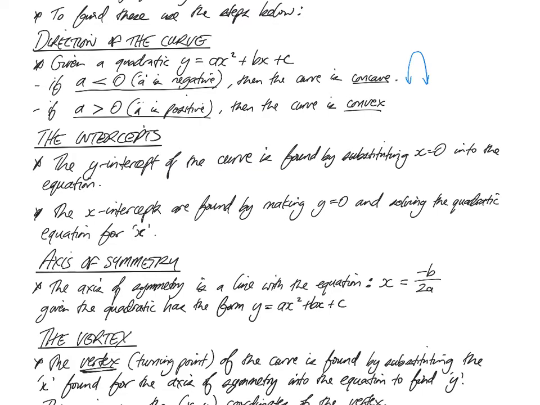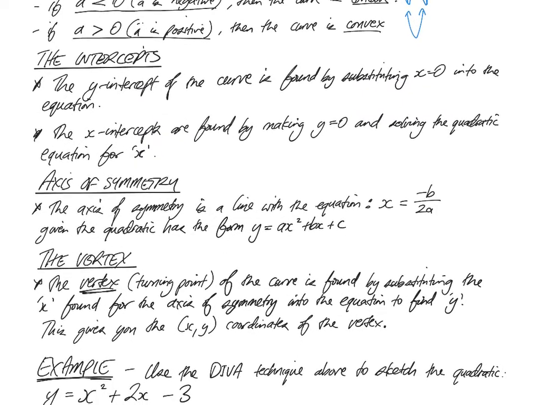If a is greater than 0, so a is positive, then the curve is convex, so it's curved down. All quadratics are in one of those two directions. You just look at a, the number in front of x squared, and whether it's positive or negative, and that determines the direction of the curve.